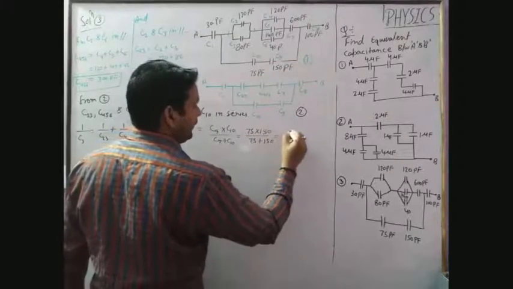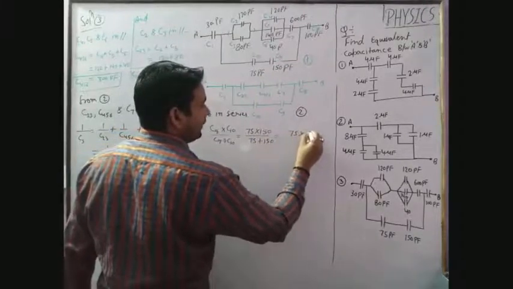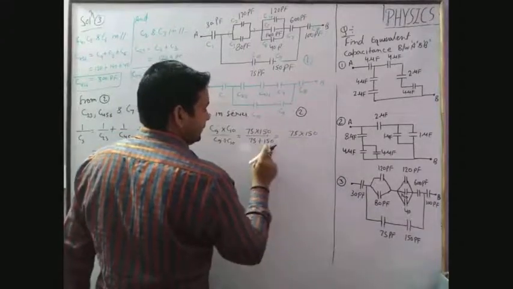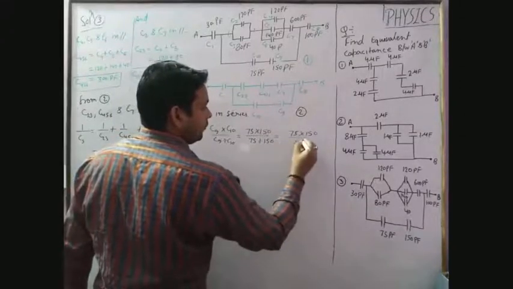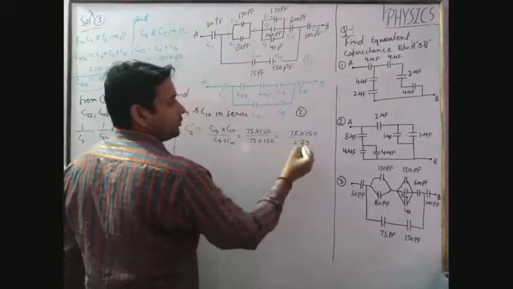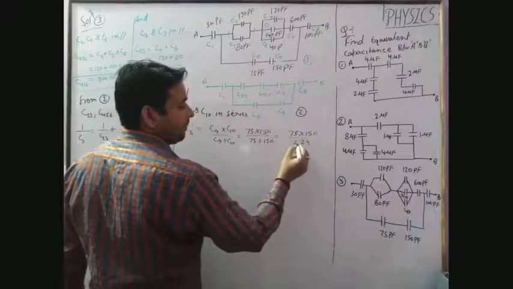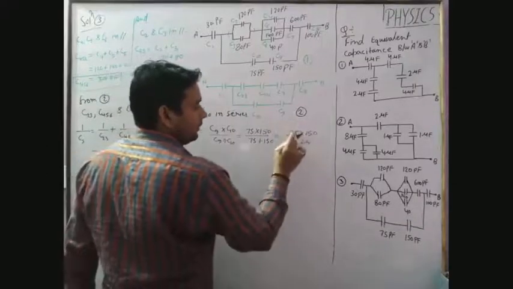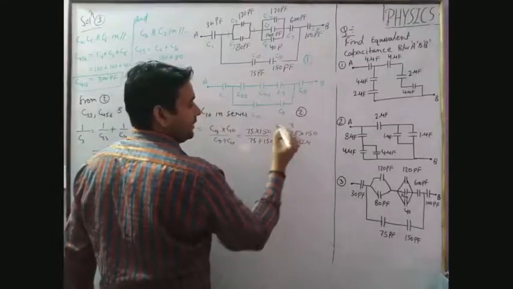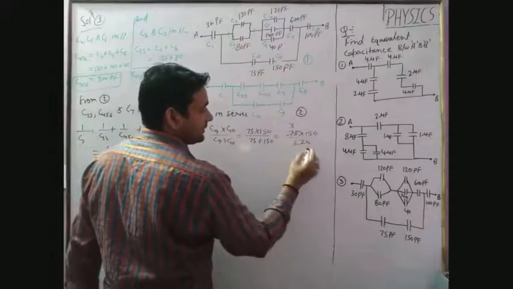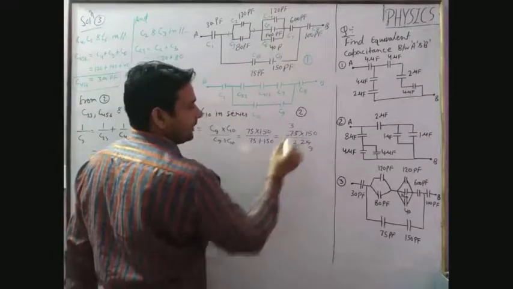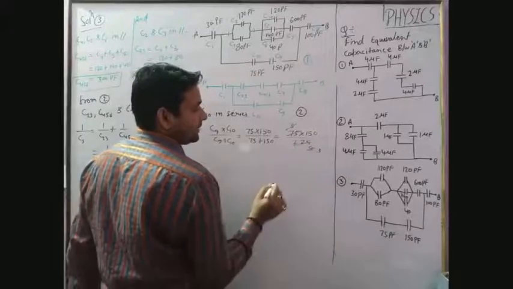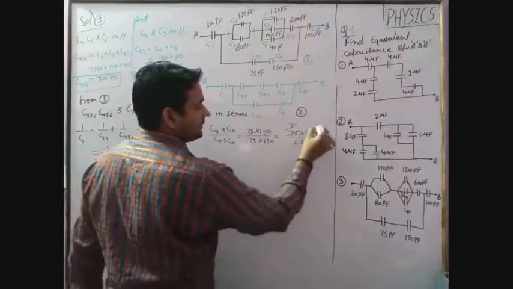This you will calculate as 75 into 150 upon 225. Now this cancels by 3 times, and this cancels by 3 as 50 times.